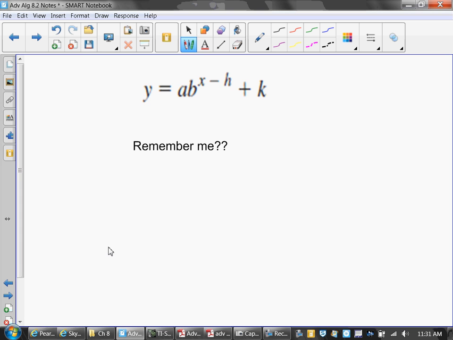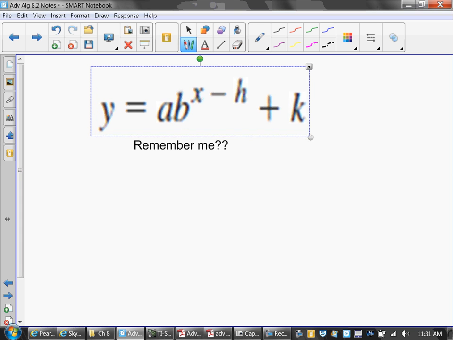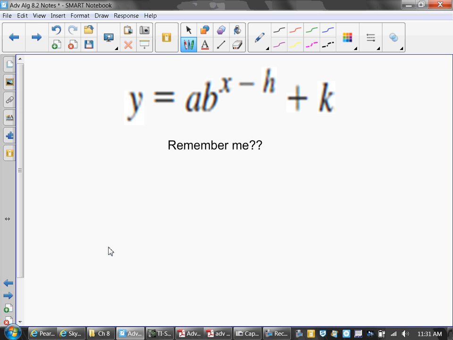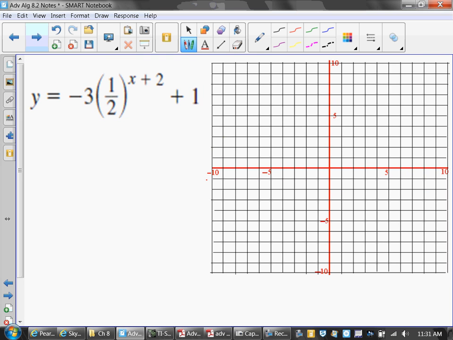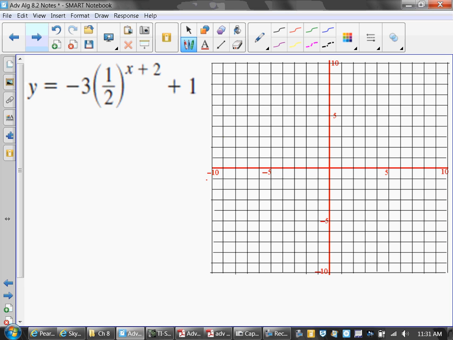So like I said, we remember this, right? It's the same rules. We'll have the exact same rules. So let's take a look at this. I have y equals -3 times the quantity 1/2 to the x plus 2, all plus 1. Maddie's already saying it: a value, b value, your h value, and your k value.